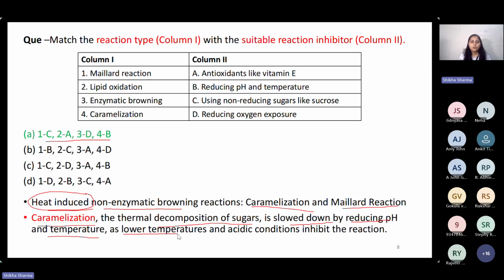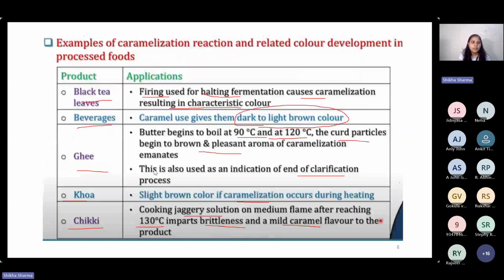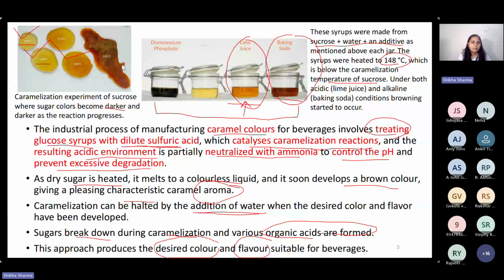When we have low temperature and an acidic condition, we can inhibit the caramelization reaction. Sorry, fourth, which is related to B, when we are reducing the pH, which is acidic pH, and reducing the temperature, the caramelization reaction will halt, because it takes place at a very high temperature, around 160 to 180.